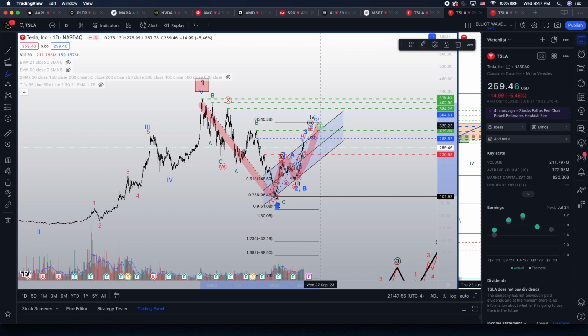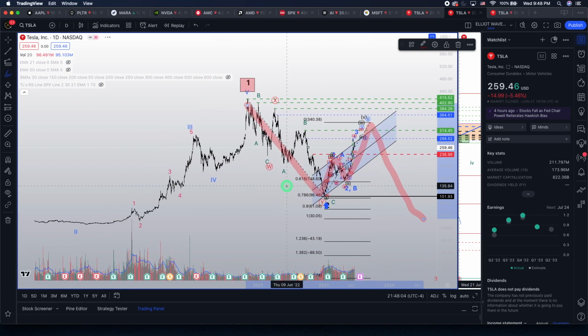So this being the max, then we would expect a 1-to-1, and that would bring Tesla all the way down to $30. I just don't think that that's very likely, guys. I don't think Tesla is going to see $30 anytime soon.